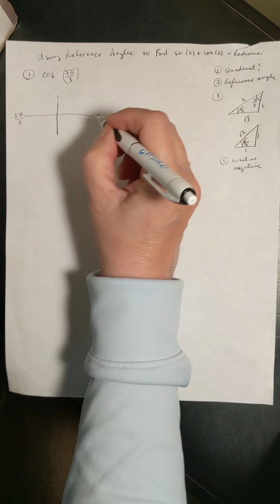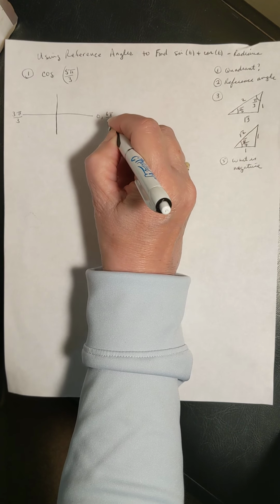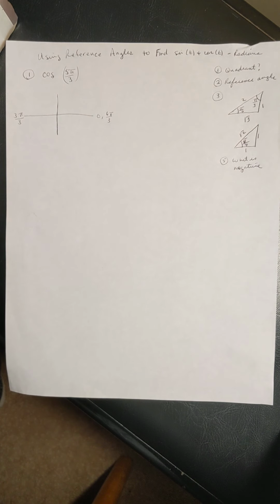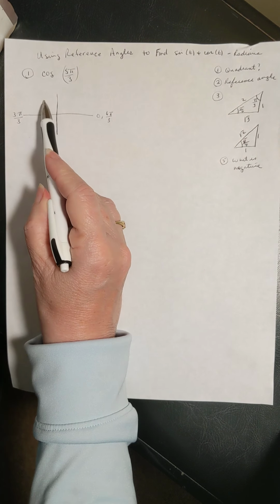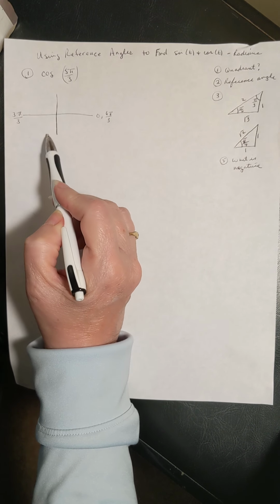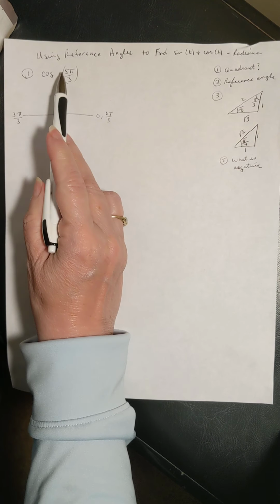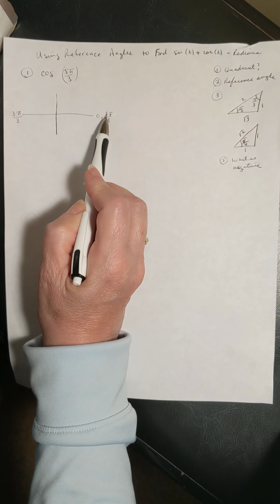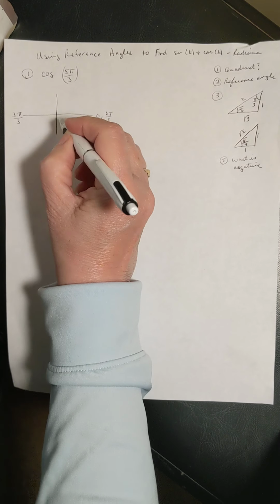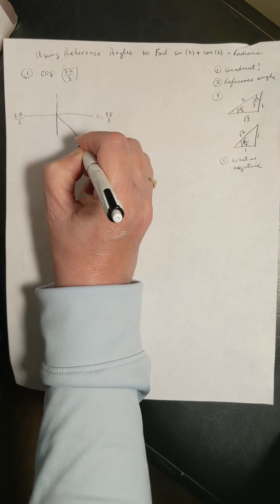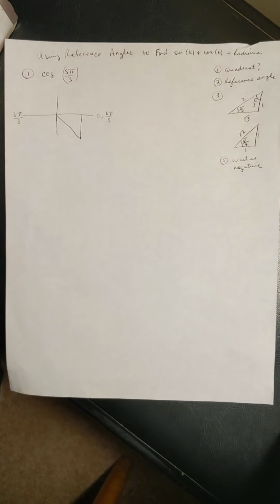And so 2 times 3 is 6 pi over 3. Now, I'm looking for 5 pi over 3. So coming around, it's going to be bigger than 3 pi over 3, but not as big as 6 pi over 3. Now, is 5 closer to 3 or to 6? Well, it's closer to 6, so it would be in this quadrant number 4.